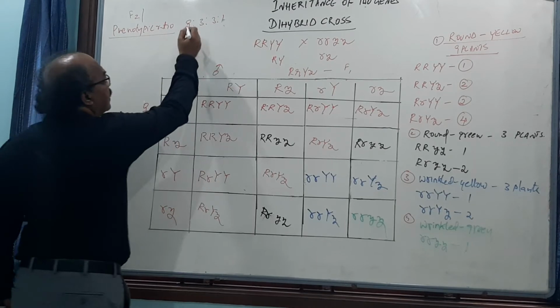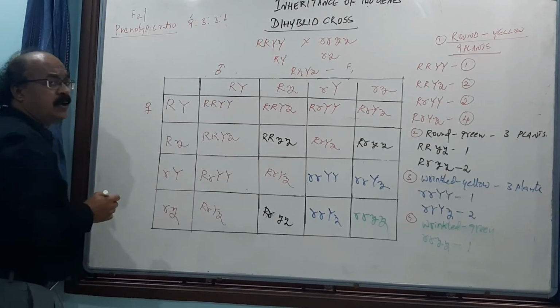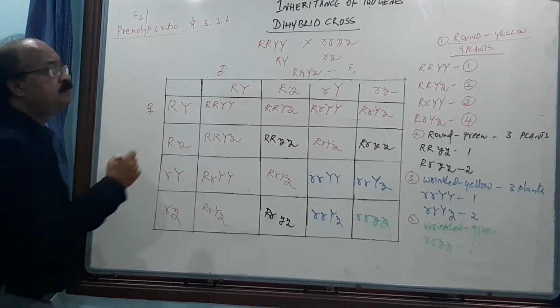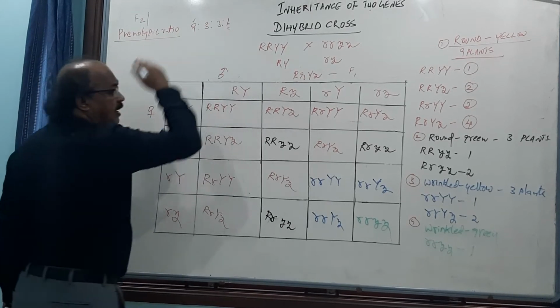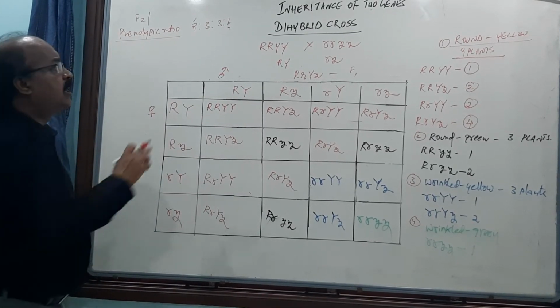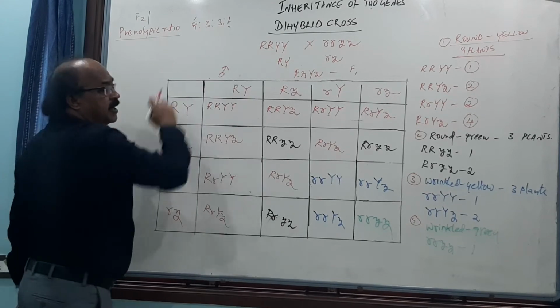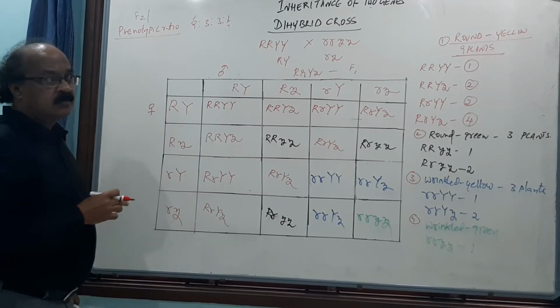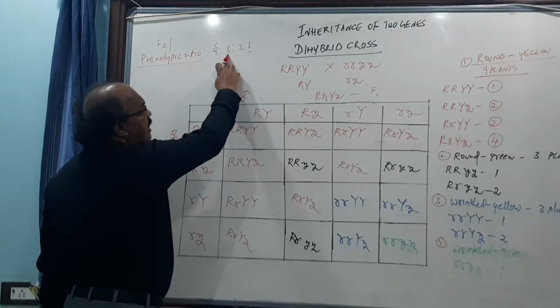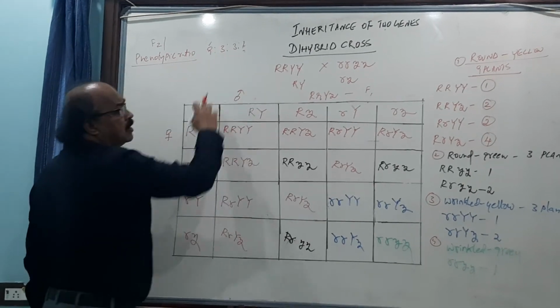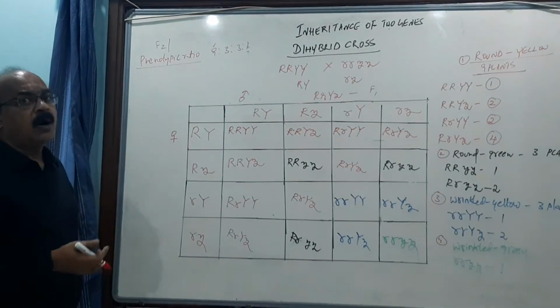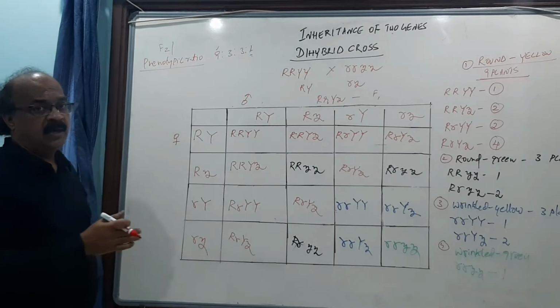In this, these 9 plants are parental type. These two are recombinants. This round and green, wrinkled and yellow, they are the new combinations you have seen in the F2 only.